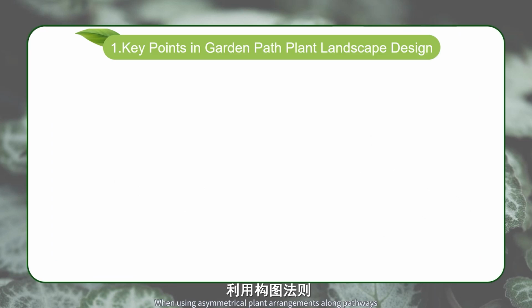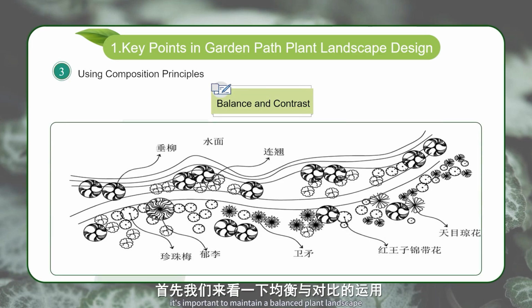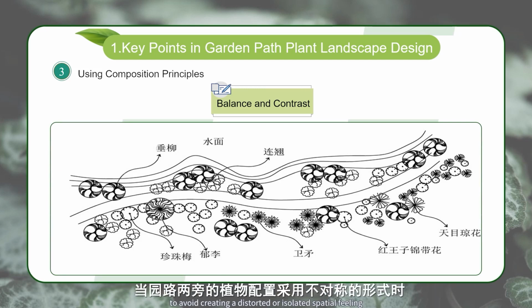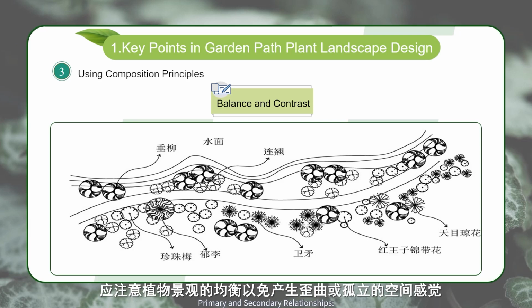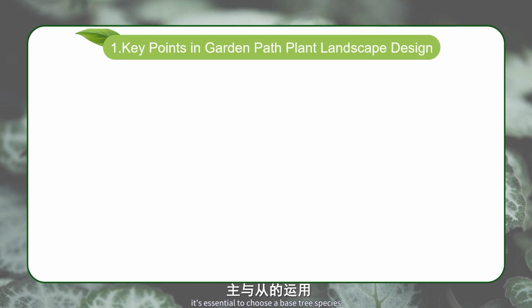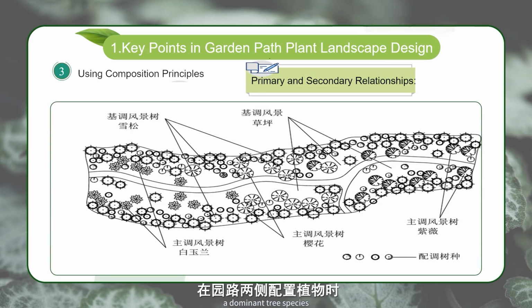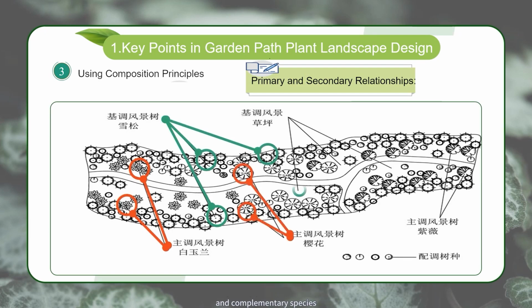When using asymmetrical plant arrangements along pathways, it's important to maintain a balanced plant landscape to avoid creating a distorted or isolated spatial feeling. Primary and secondary relationships. When arranging plants along garden paths, it's essential to choose a base tree species, a dominant tree species, and complementary species.